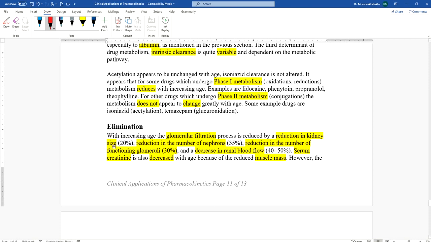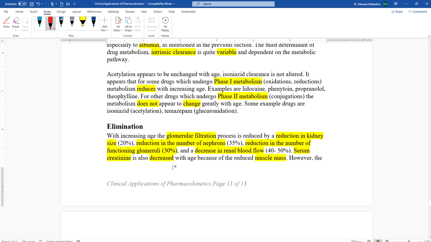But you may be surprised that the creatinine concentration decreases. This is explained by reduced muscle mass. We talked about this, that the less muscle, the less creatinine is produced, and therefore the lower the concentration.